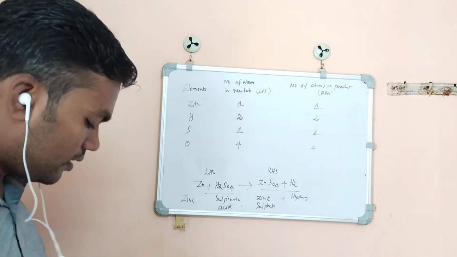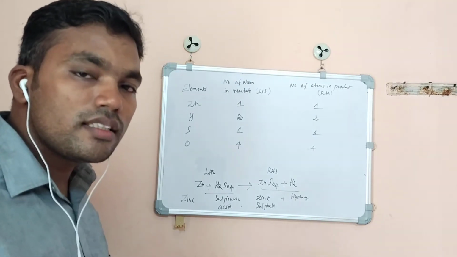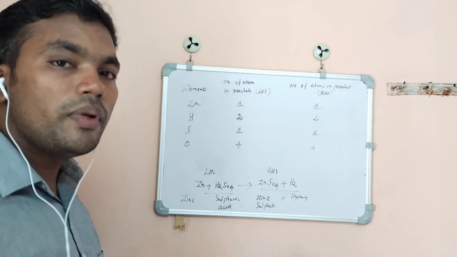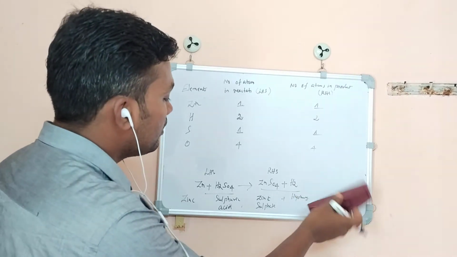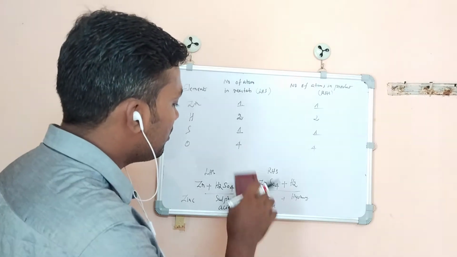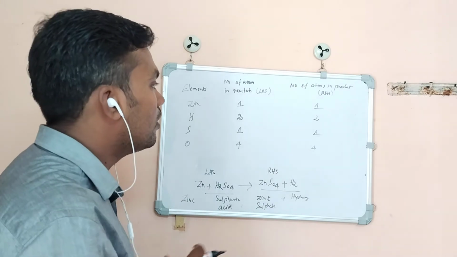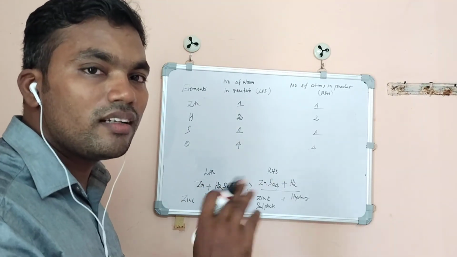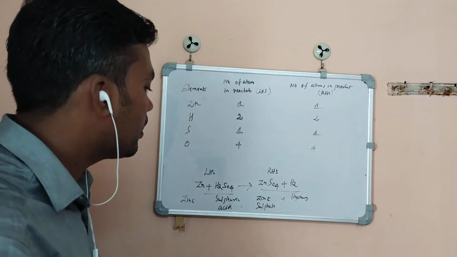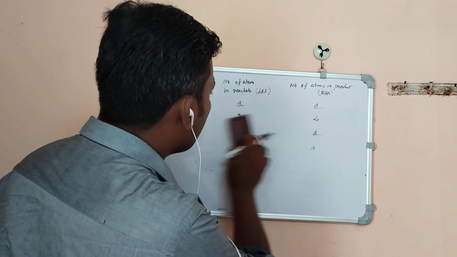So this reaction is balanced. Okay, this reaction is balanced. Let us try to solve the unbalanced equations. This is the way to confirm whether the chemical reaction is balanced or not. Okay, let us try to solve an unbalanced equation.